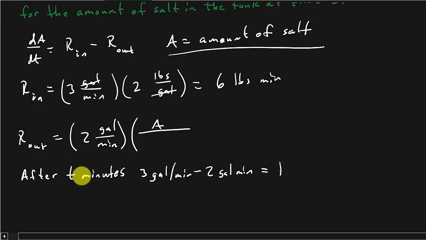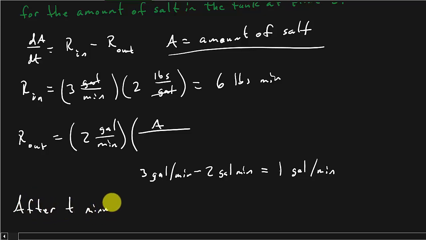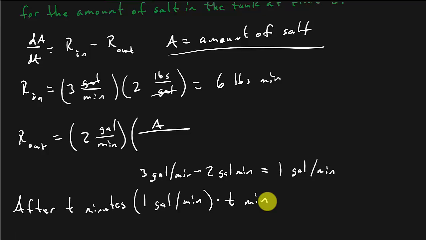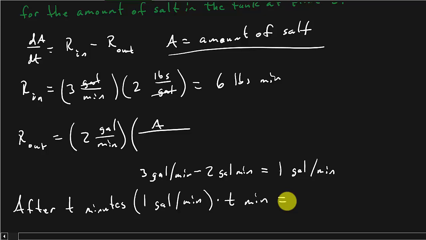Well, I wouldn't say that's after t minutes, but we have 1 gallon per minute. And so now we can say after t minutes, that's going to be 1 gallon per minute times t minutes, the number of minutes you go. So every minute there's 1 gallon. After 3 minutes, it would be 3 gallons. 4 minutes would be 4 gallons. And so that is going to equal what?